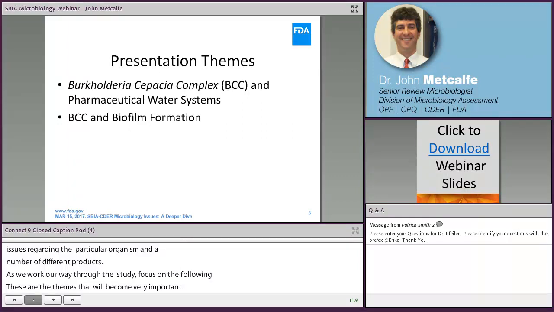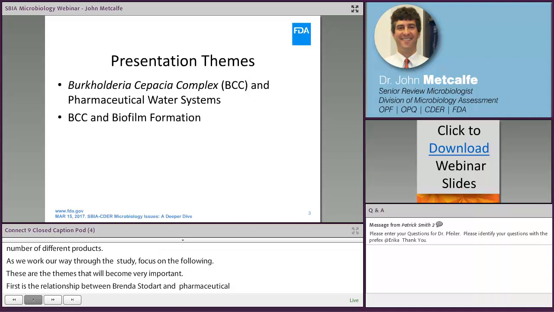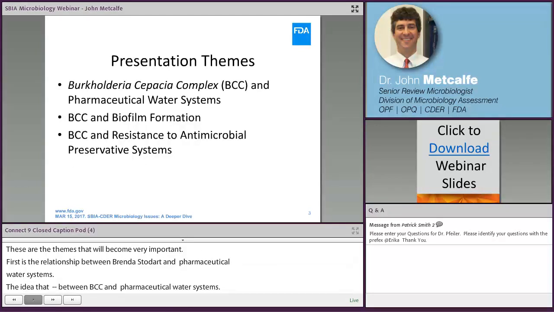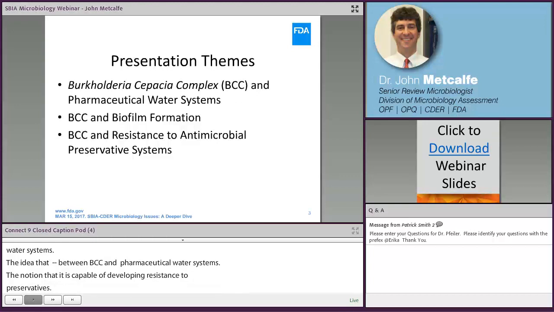So the organism is capable of formation of biofilms in the plumbing of your water systems. The notion that BCC is capable of developing resistance to antimicrobial preservatives. Again, Erica mentioned this, and related, BCC is able to develop resistance to antimicrobial drugs as well, which becomes problematic once the organism is in patients.